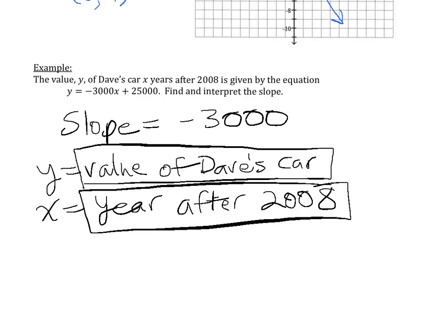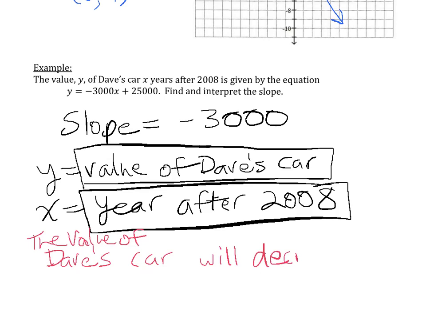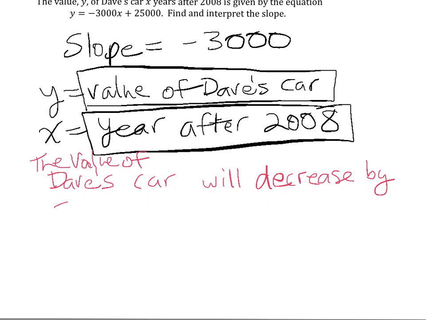And so if I wanted to interpret this problem, I would say that the value of Dave's car will decrease by $3,000 each year after 2008.